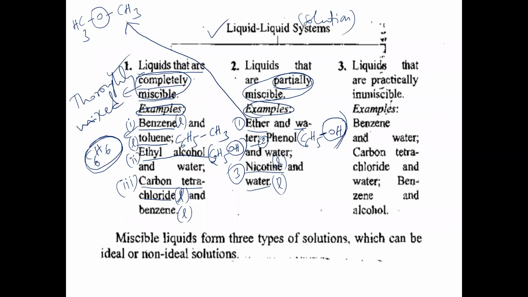So examples of partially miscible liquids, tell me: nicotine and water, phenol and water, ether and water. So what is common here? Water is common in all three examples.